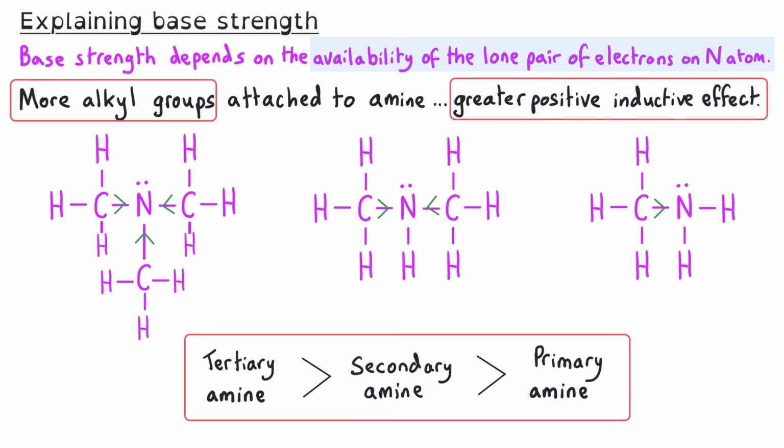So the key point is that it isn't the identity of the alkyl group that matters, it's the number of alkyl groups on the nitrogen, because it's this number that influences the availability of the lone pair of electrons.